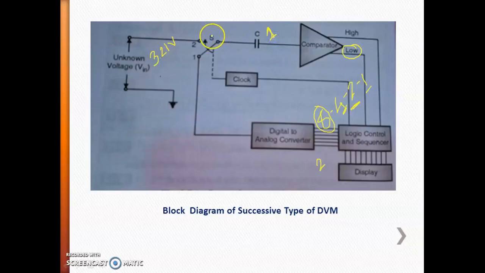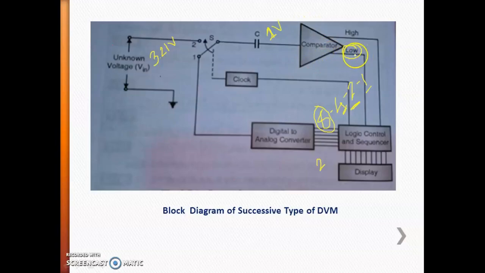Okay, now the switch is at position 2, so the input voltage, 3.21, comes to the comparator. Again the comparator has two inputs. First is the voltage across the capacitor, that is 1 volt, and the input voltage 3.21 volt. So it is found that the input voltage is greater than the voltage across the capacitor, so the comparator will generate a low signal.